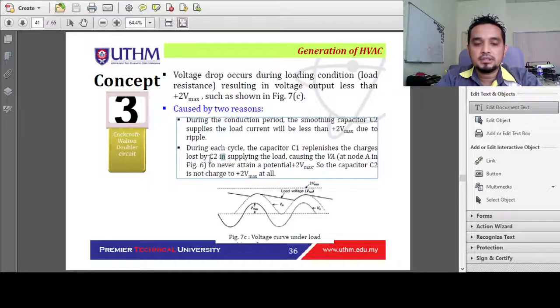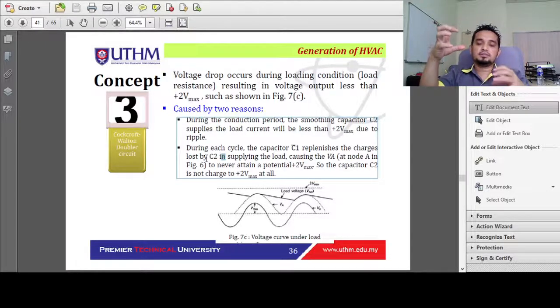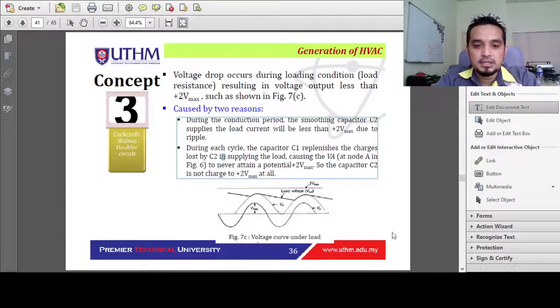C1 and C2: one is discharging, one is regaining. That is the scenario in which we will never achieve the maximum 2 Vmax. One replenishes, one is charging, and they supply the load.